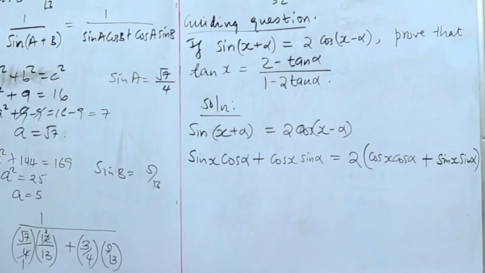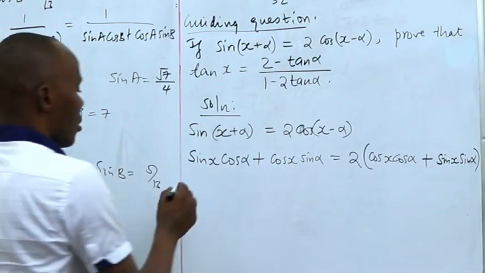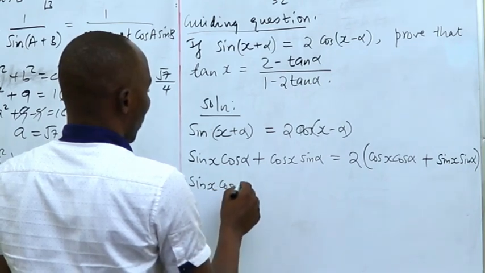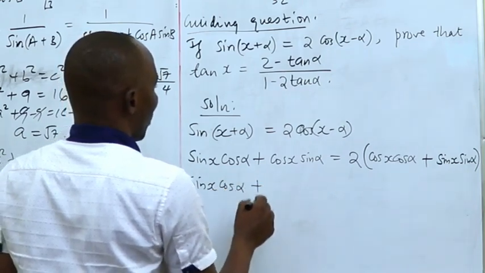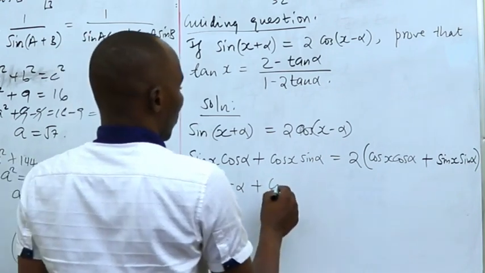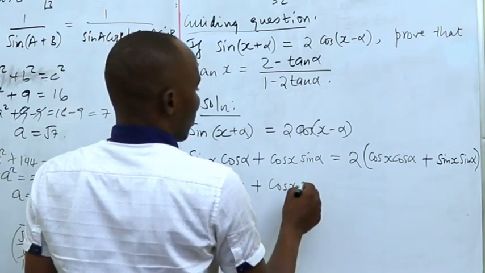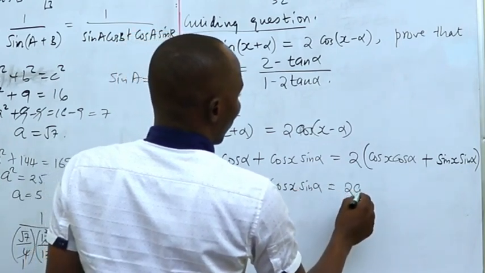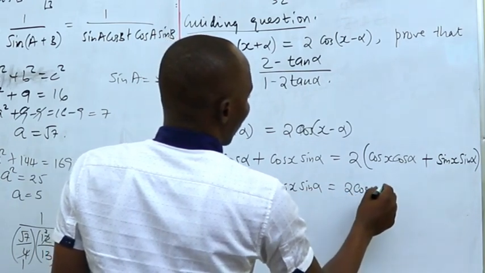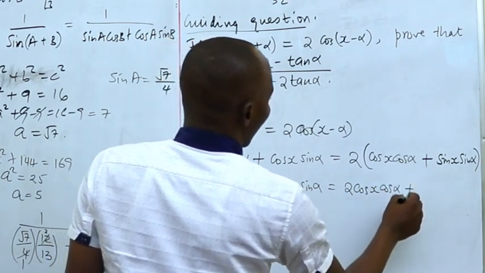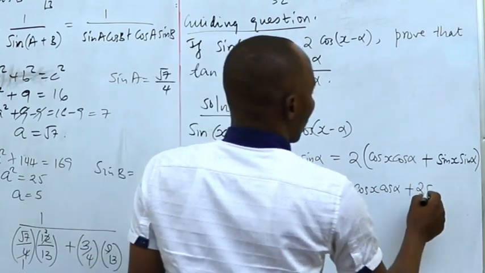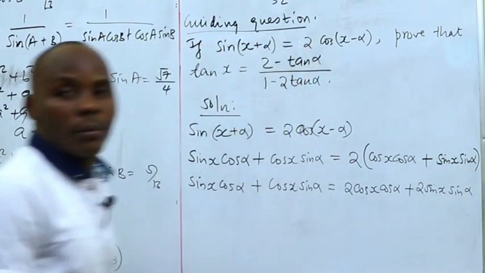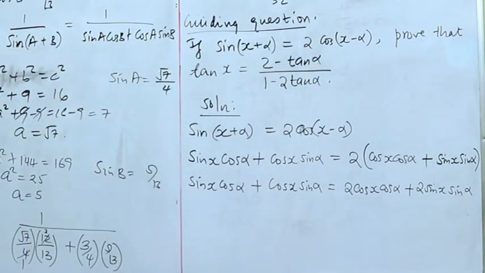Okay? Yes. We have sine x cos alpha plus cos x sine alpha is equal to 2 cos x cos alpha plus 2 sine x sine alpha. Okay?